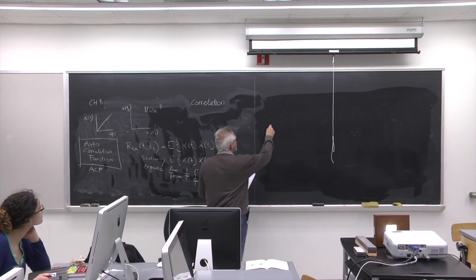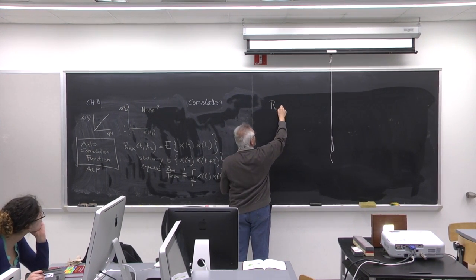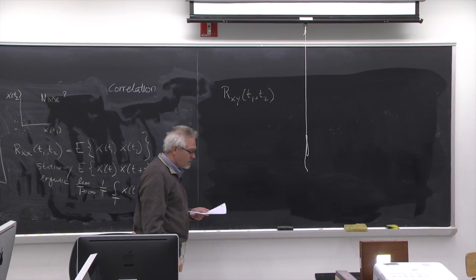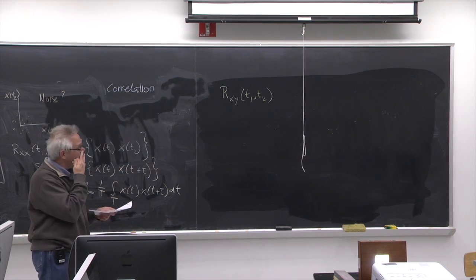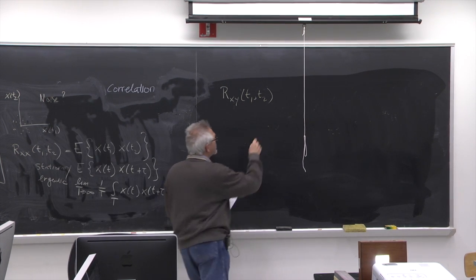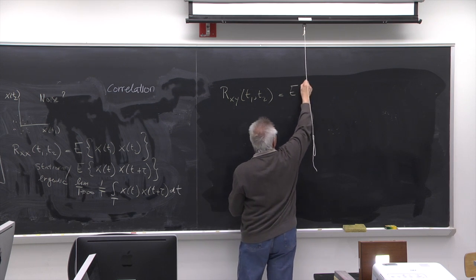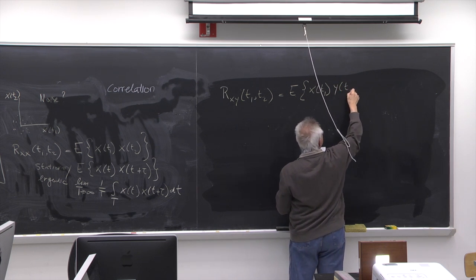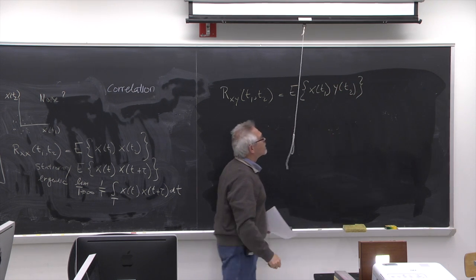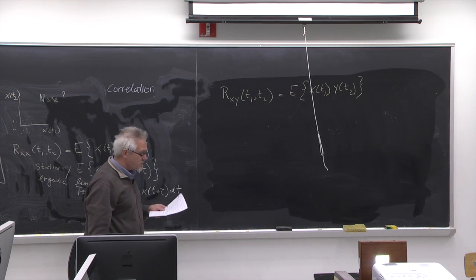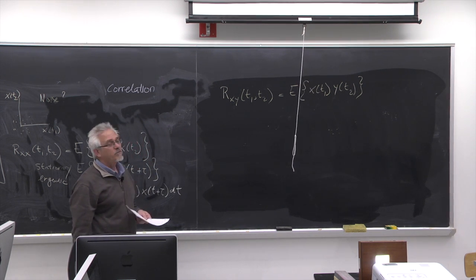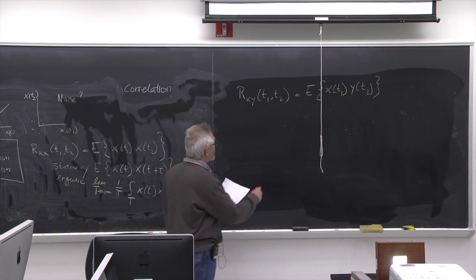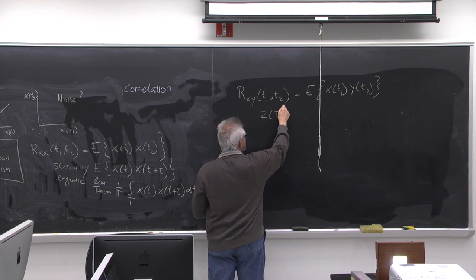And so we have rxy at 2 different time steps, or 2 different moments in time. And that is in the most general way similarly defined as the expectation of the product of the two at the 2 different instances of time. And if you assume stationarity and ergodicity, then it's often kind of shown as this.